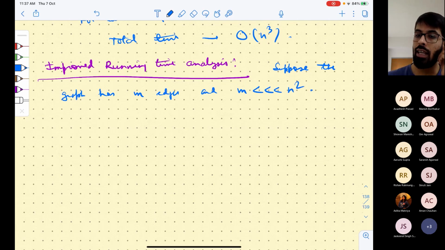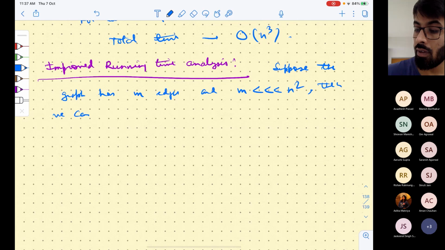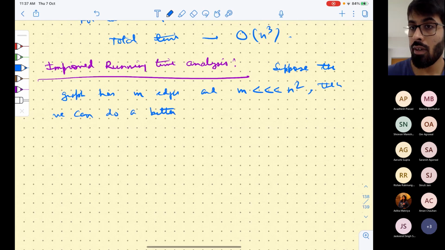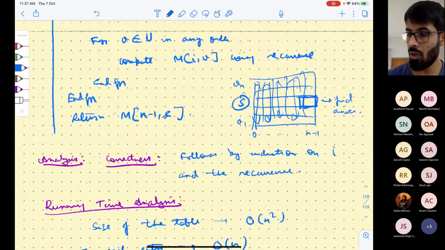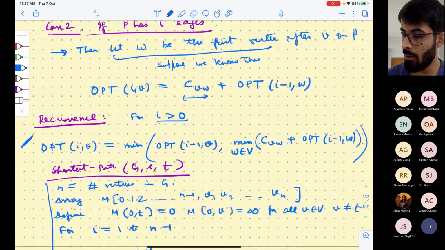Then we can save something. And how? So let's look at the recurrence again. Copy it down.